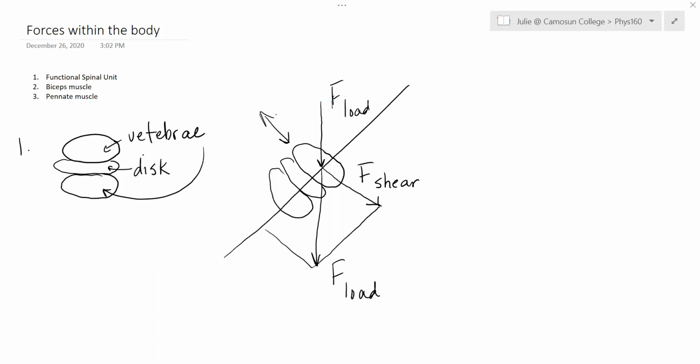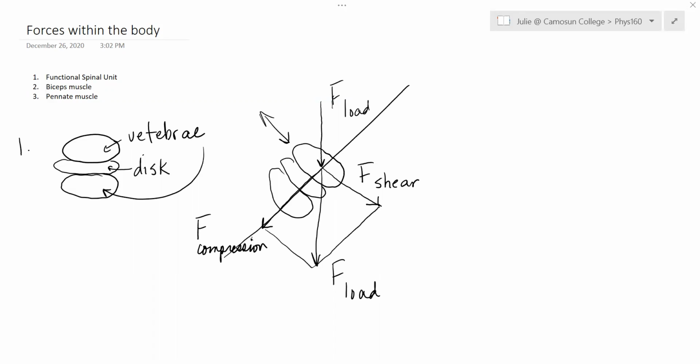And that supplies what's called a shear force. And then the other component is the one that tends to squish the disc, and that's called the compression. So this is F compression. And that's what would cause the disc to maybe bulge or squeeze out between those vertebrae.